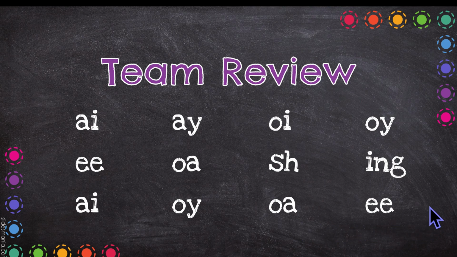If you remembered all of these, you are probably ready for the next lesson. If you're still having a lot of trouble with these, please go back and look at lessons 1, 2, or 3, unless you're only having trouble with sh or ing, in which case you should do this lesson again.